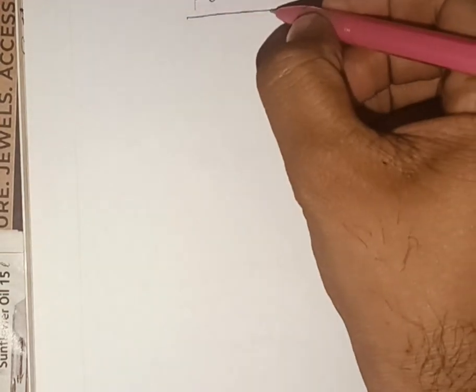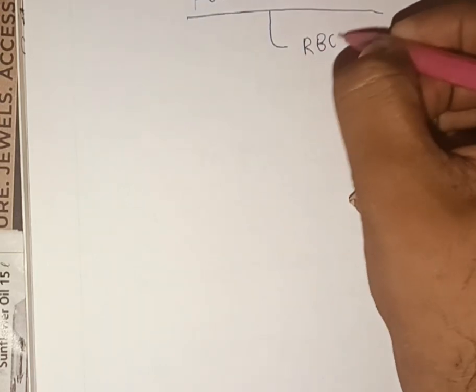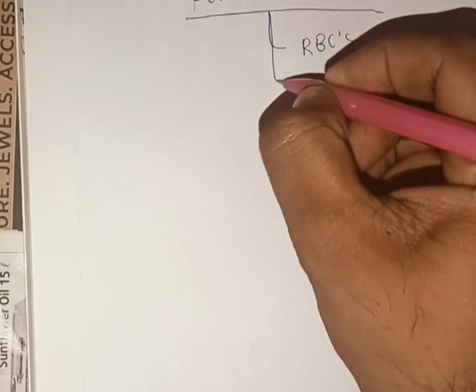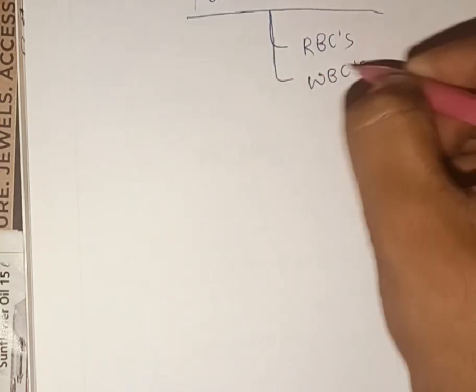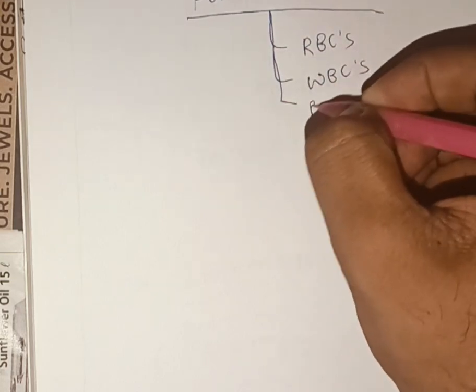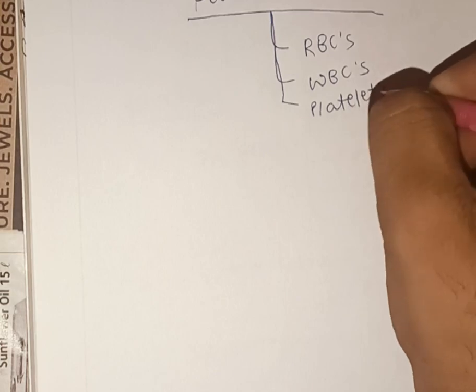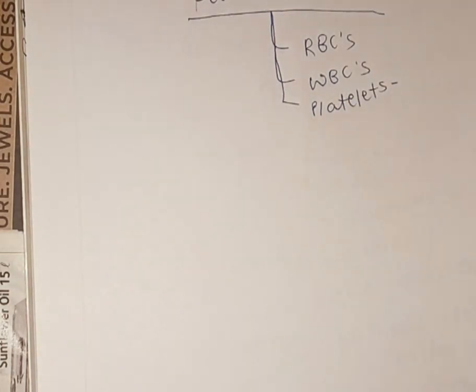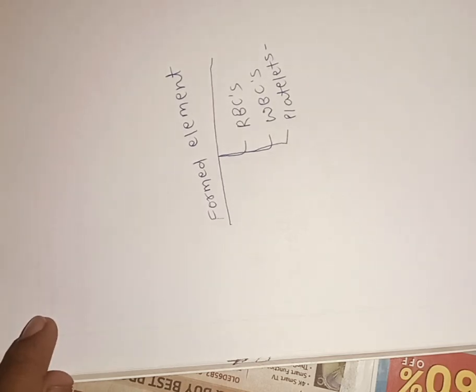In that we have talked about the RBCs, we will discuss the WBCs, and platelets. The first part is RBC, second part is WBC and third part is platelets.